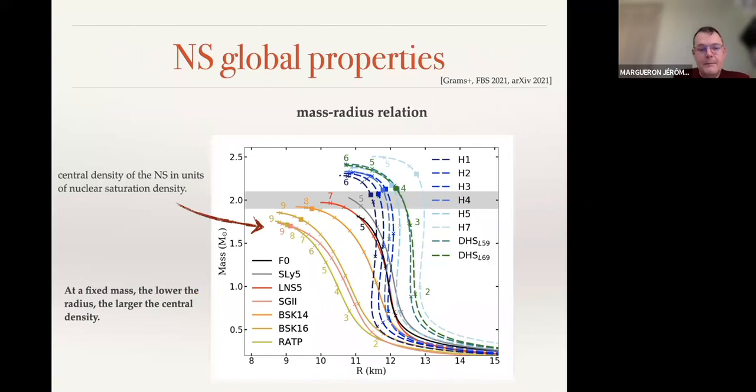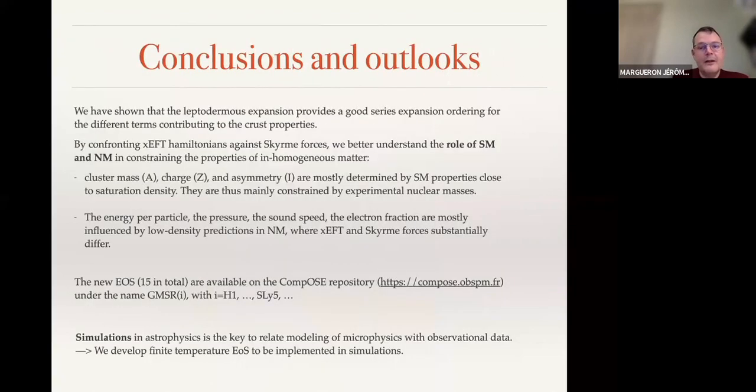Okay, so maybe I will skip that and come to my conclusions. In this presentation, I've discussed several features in the crust of neutron stars. One is the leptodermous expansion, and we obtained the result that this is a good expansion to order the different terms contributing to the crust properties.